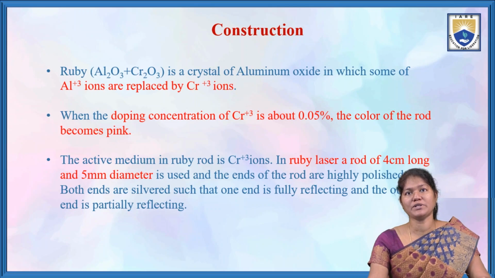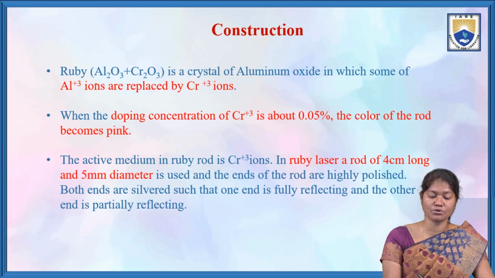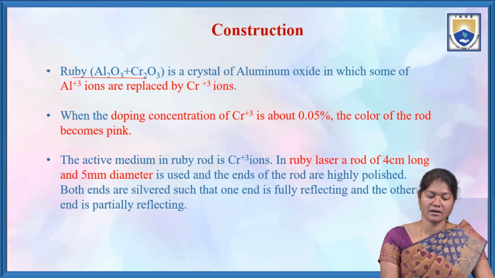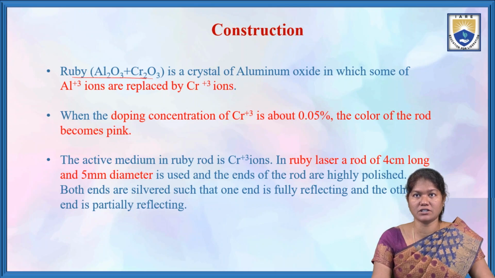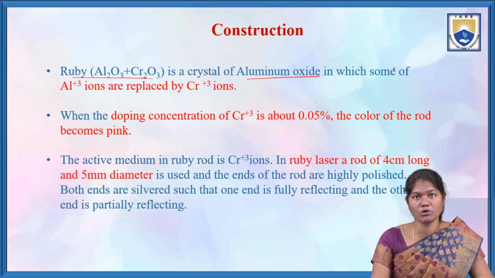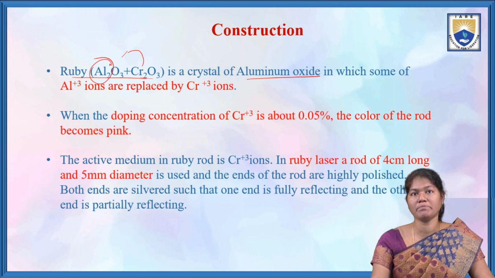When coming to the construction of the Ruby laser, this Ruby, that is aluminum oxide plus chromium oxide, is a crystal of aluminum oxide in which some of the aluminum ions are replaced by chromium ions.